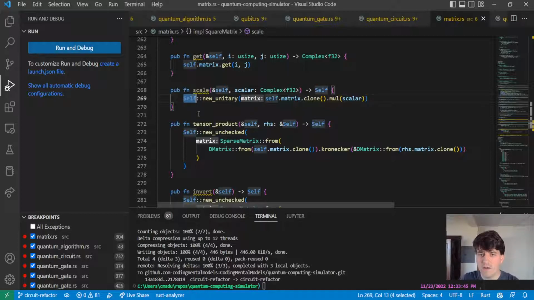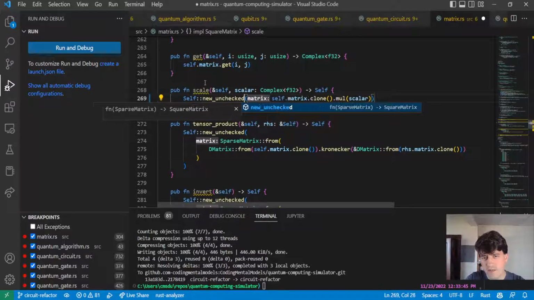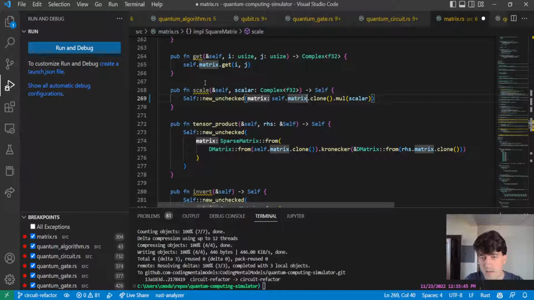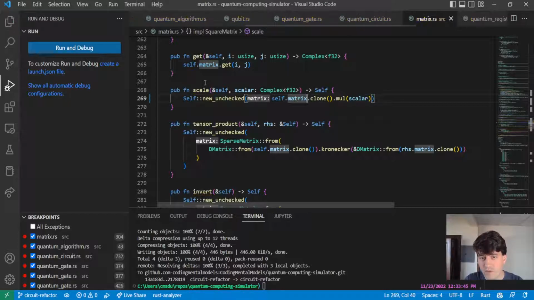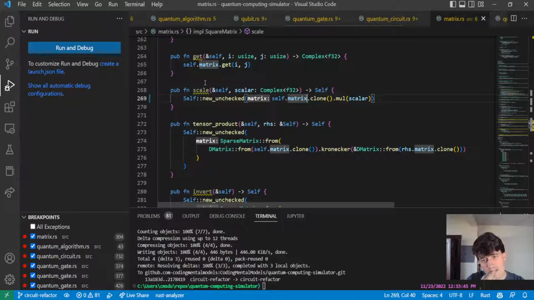This is bad though. I just want this to be new unchecked. And self.matrix multiplied by a scalar.